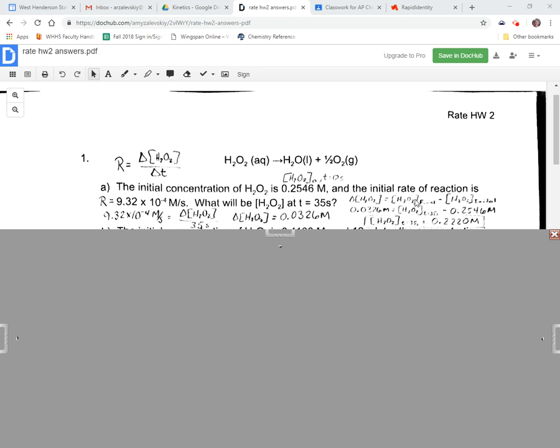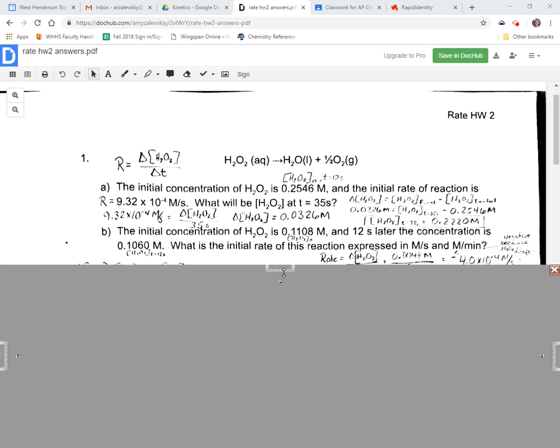So my change in concentration is the final minus initial. And so I plug in those values since I have both of those and solve for the concentration of peroxide at T equals 35 seconds. And I got 0.2220 molar.